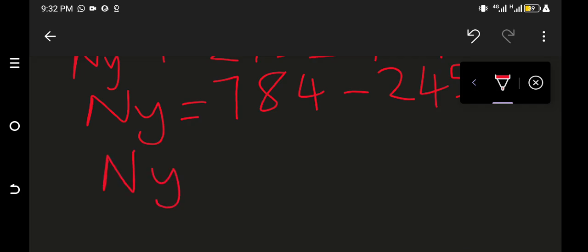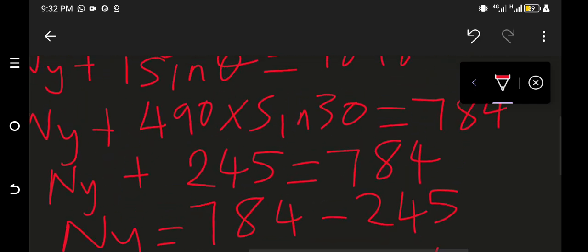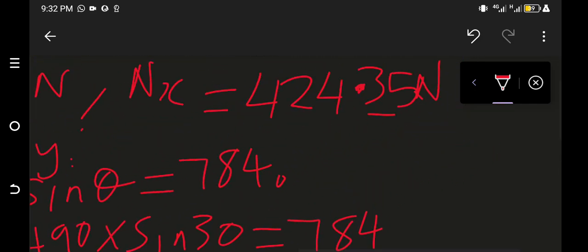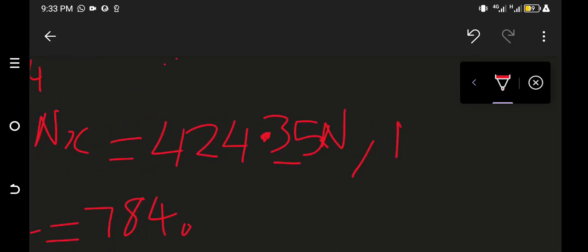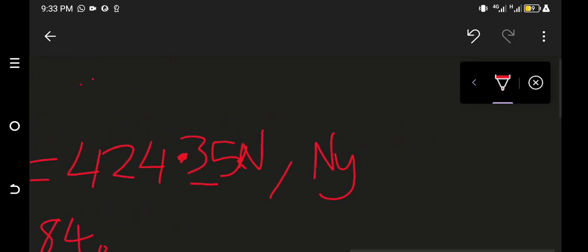So ny is equal to 539 newtons. Let me put it there, the other values. Ny is equal to 539.